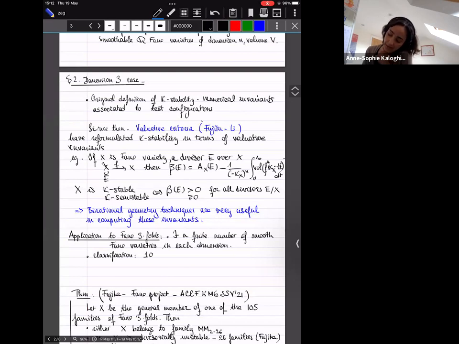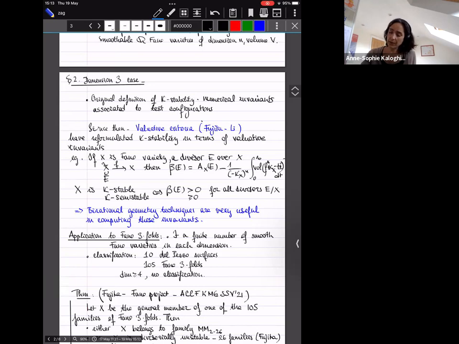There are 10 smooth del Pezzo surfaces, and there are 105 Fano threefolds, which were classified by Iskovskikh, Mori, and Mukai in the late 70s, early 80s. For dimension greater or equal than 4, there's no classification, but we still have boundedness. There are some examples known.